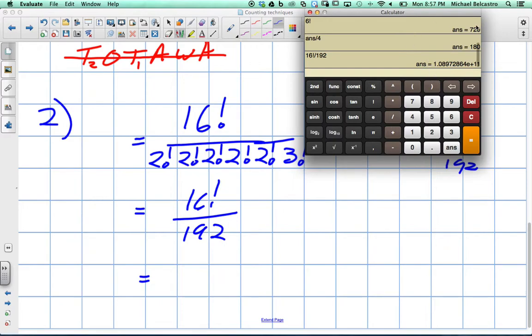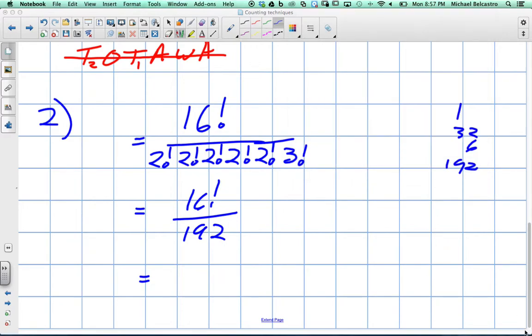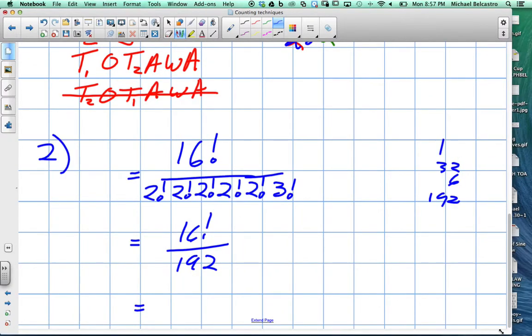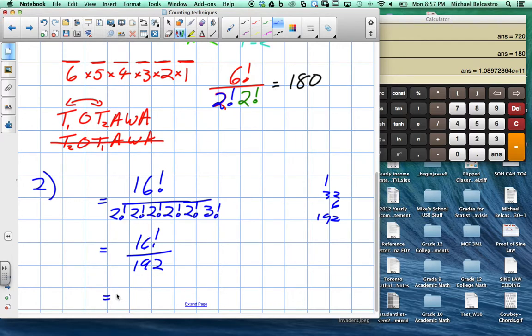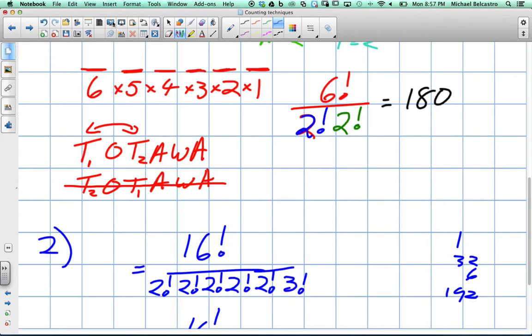So we're looking at billions, trillions, 108 trillion options for that word. So it really escalates very quickly.